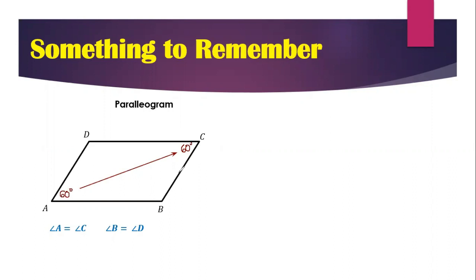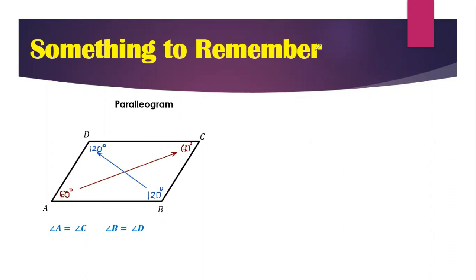And let's say angle B is 120 degrees. Automatically, angle D is 120 degrees. Easy, right? So that's why angle A equal angle C and angle B equal angle D. That's the characteristic of the parallelogram.